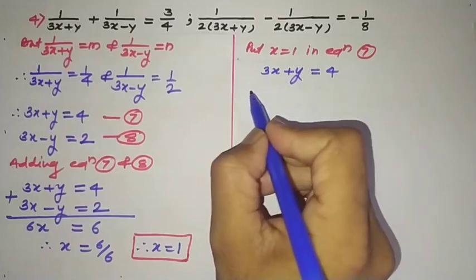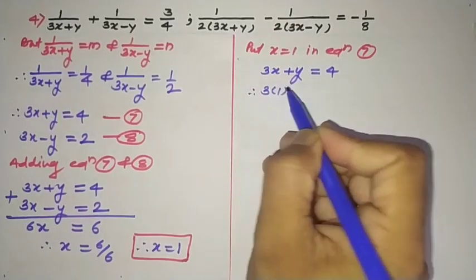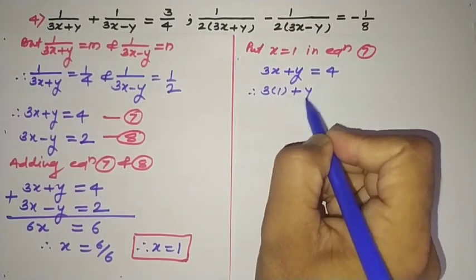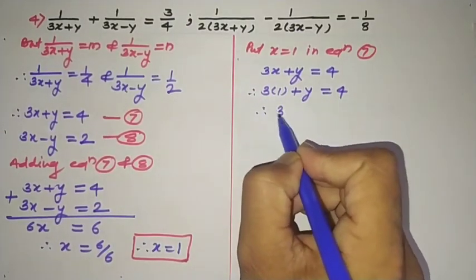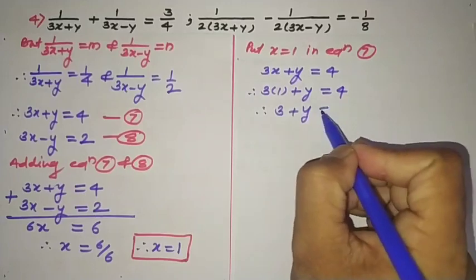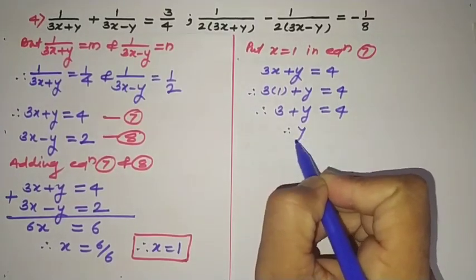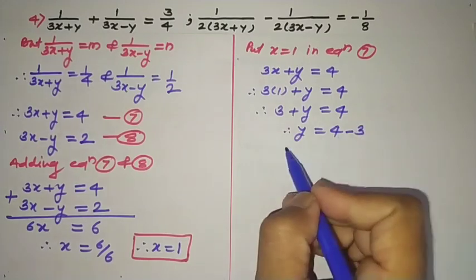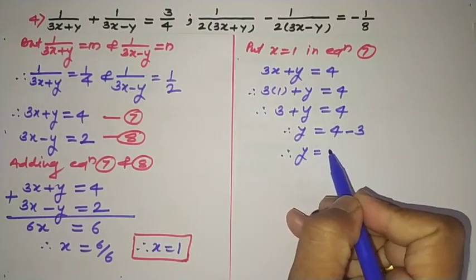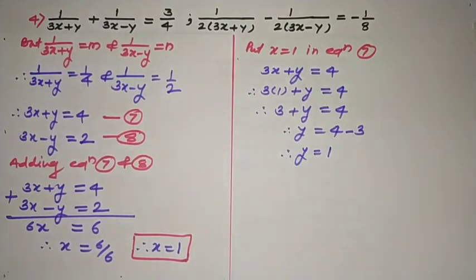Put the value of x as 1. 3 into 1 plus y is equal to 4. 3 ones are 3, so 3 plus y is equal to 4. Therefore y is equal to 4, 3 goes to the right hand side with minus. Therefore value of y is equal to 1.